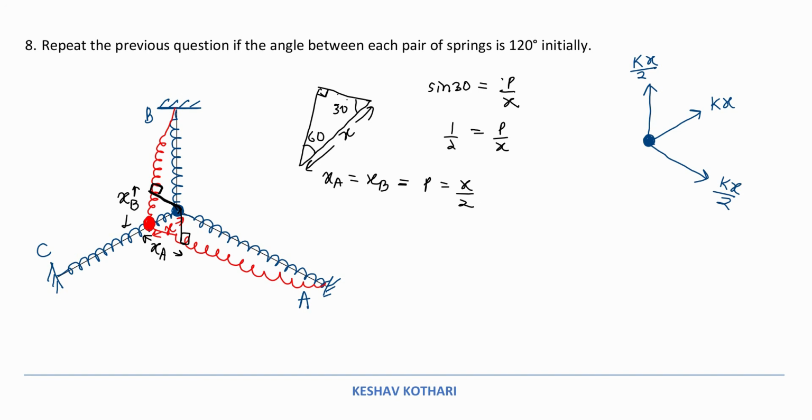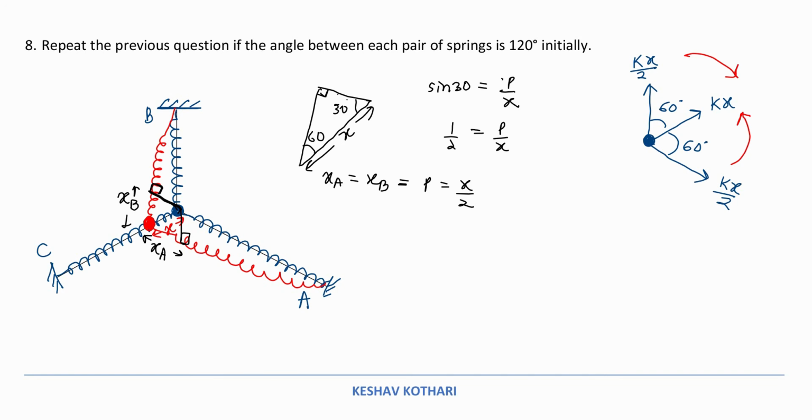Both of them are trying to restore their original position, and in order to do so they are producing the following forces. Since this angle is 120 degrees, this is 60 and this is 60. So the resultant is going to be along this line, which is the force produced by C. We are calculating the resultant due to these two forces.